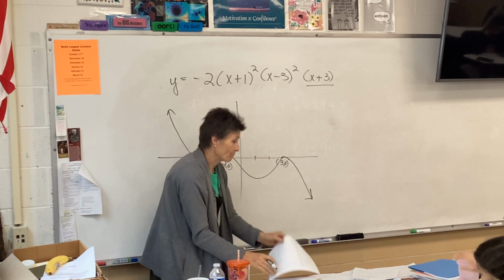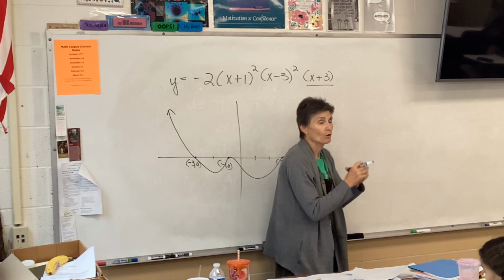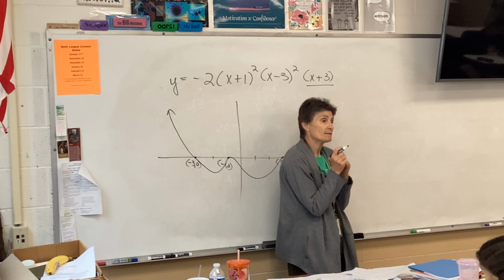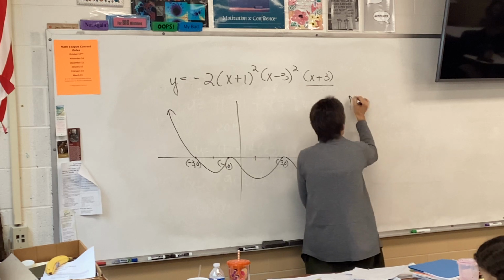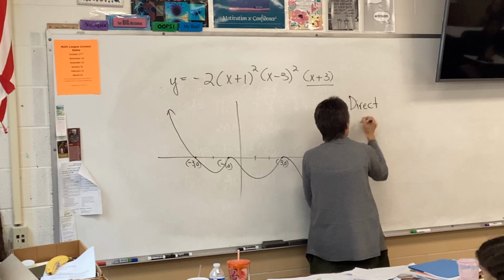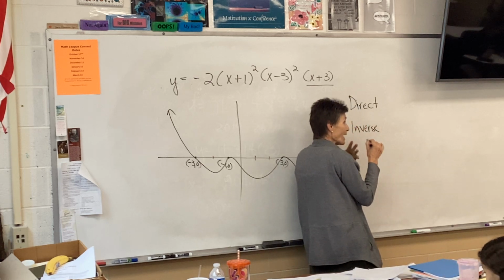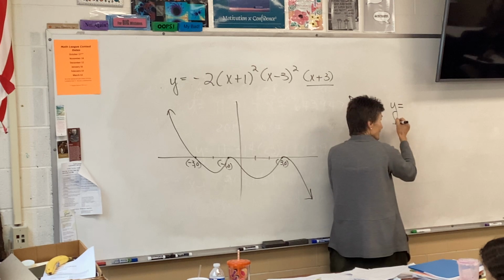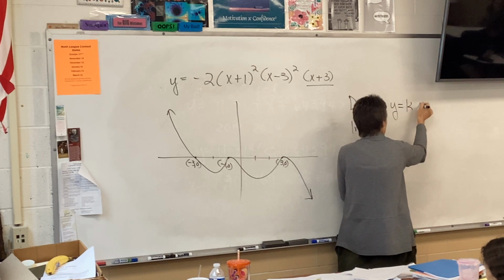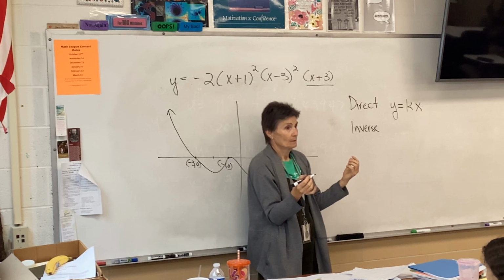Number 2, volume varies inversely as pressure. Now remember, guys, there's 2 kinds of variation that we're talking about. We're talking about direct and we're talking about inverse. For direct variation, the first thing equals k times the second thing, right?